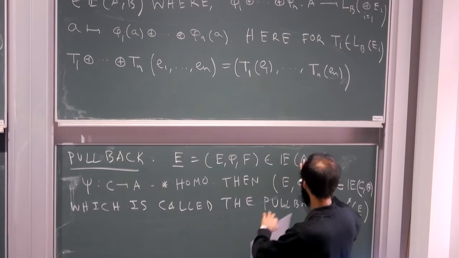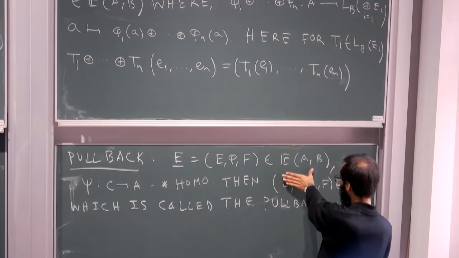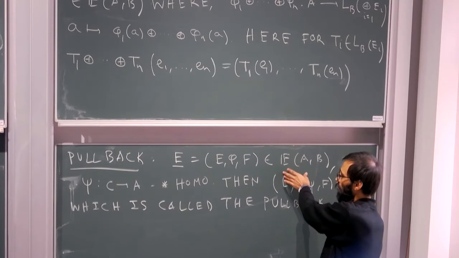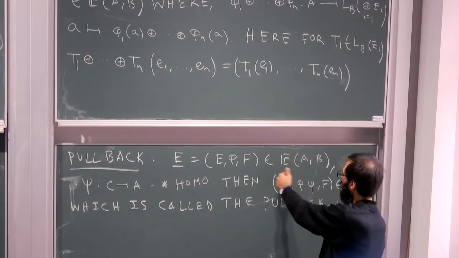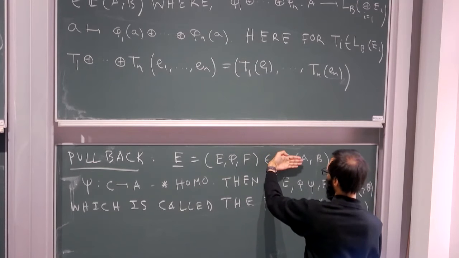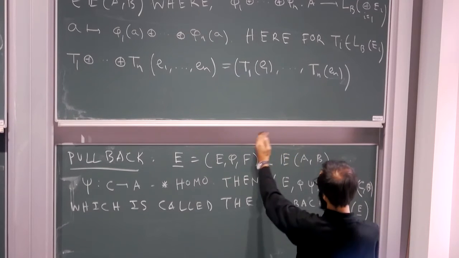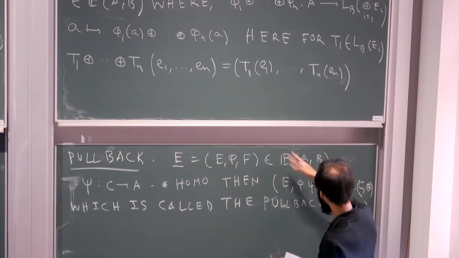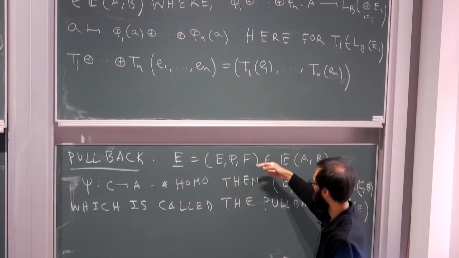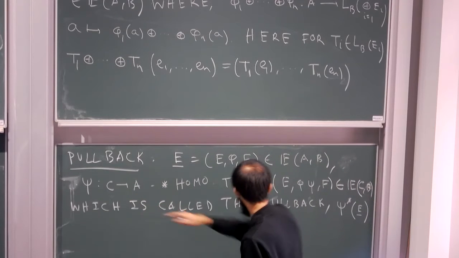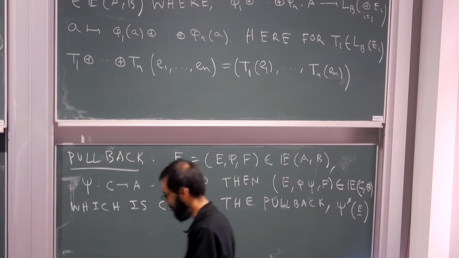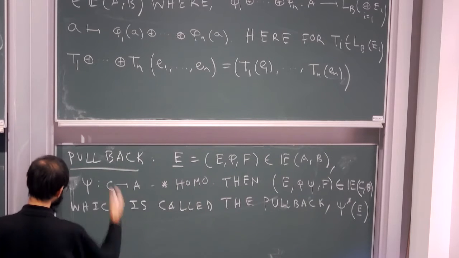So it's as you would expect. Think of this as the Hom set of all the morphisms from A to B. You would have a morphism here that goes into A. You just pull it back and then get something on the thing that you started with, C. This is called the pullback, psi upper star.